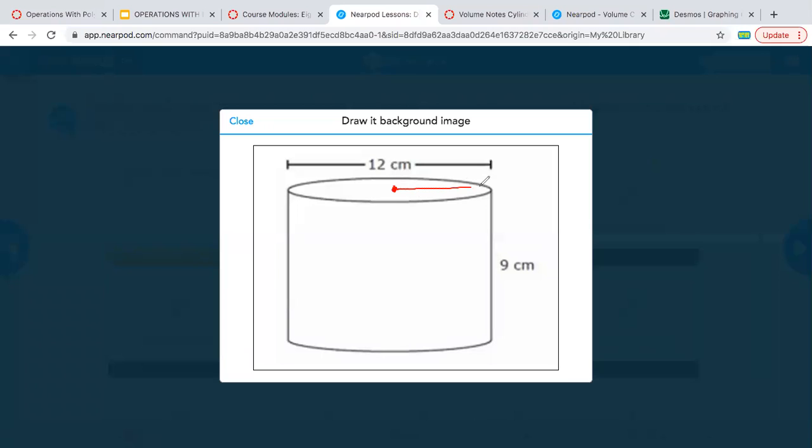So half of 12 would be 6. No, we use radius. All right, our goal is to finish in about 4 minutes.